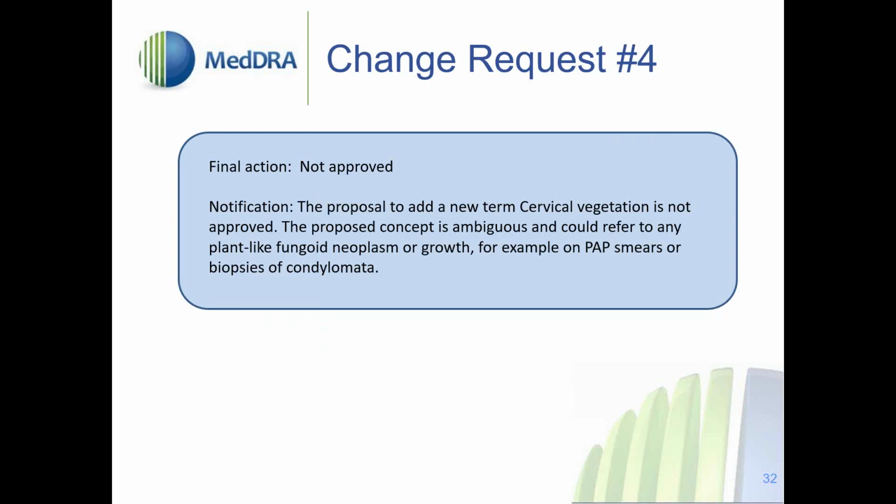So it was just too dangerous and too vague to place the cervix or cervical vegetation anywhere in MedDRA to be sure we did the right thing. So we rejected. Thank you very much. It was rejected and our group agreed with us.